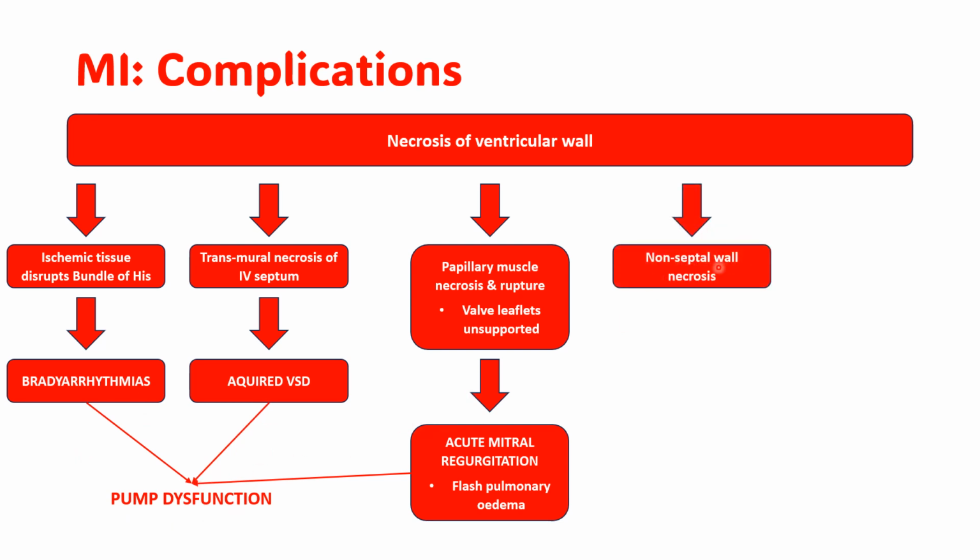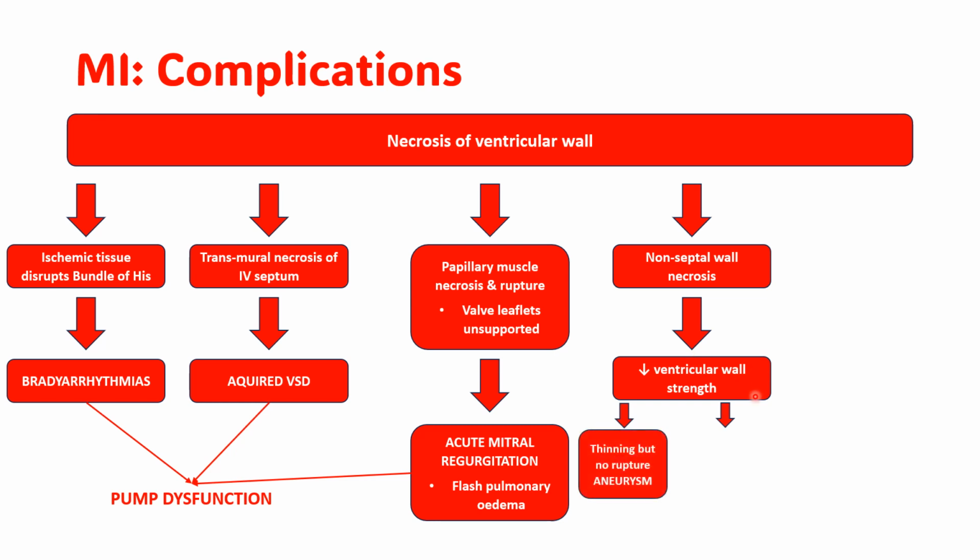You can also have non-septal wall necrosis, so further down from the intraventricular septum, causing reduced ventricular wall strength. The ventricular wall can thin but not rupture, and this leads to an aneurysm, a ballooning of the ventricular wall.